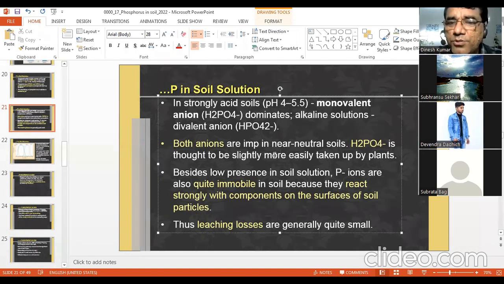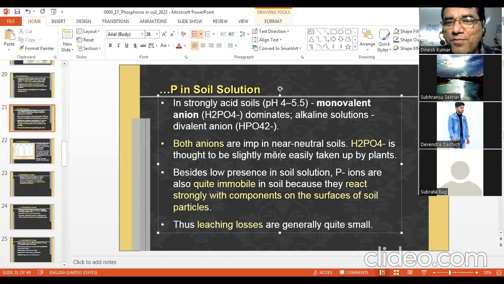Besides low presence in soil solution, phosphate ions are also quite immobile. That is an interesting fact. It comes to the plant root by the diffusion process. They are really quite immobile, less mobile in soil, because they react strongly with components on the surface of the soil particle.